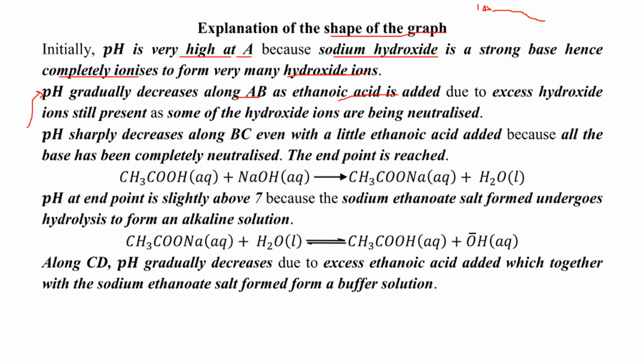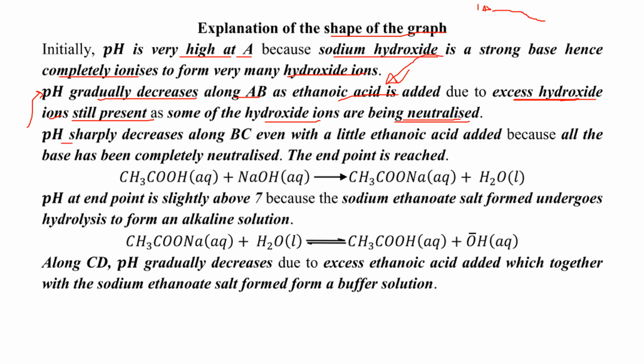Since we have an excess of hydroxide ions from sodium hydroxide, they are going to react with some of the hydrogen ions, forming water, hence decreasing the concentration of hydroxide ions in solution, causing a gradual decrease in pH. Or we can say that due to excess sodium hydroxide still present, some of the hydroxide ions are being neutralized, just like I've explained, by the few hydrogen ions from the partial ionization of the acid being added.